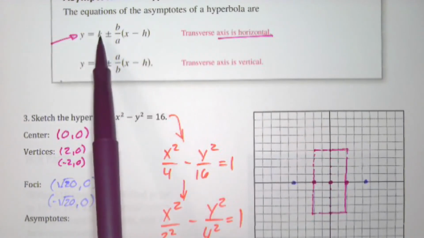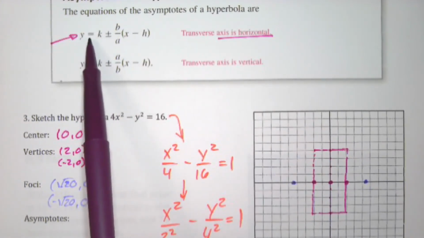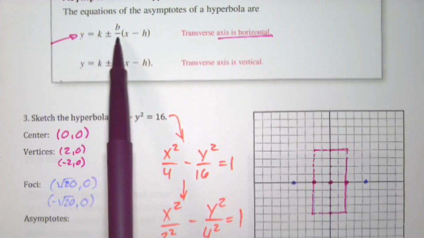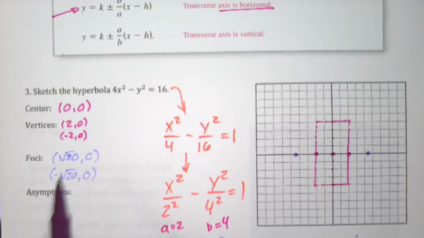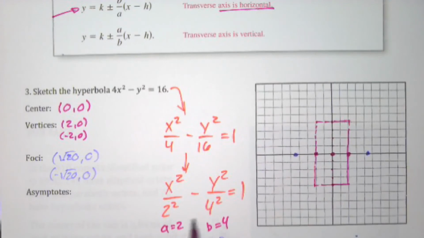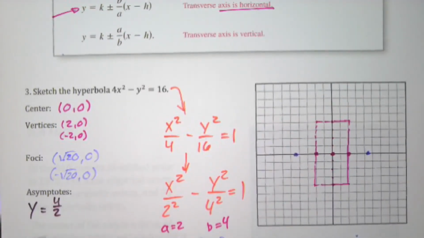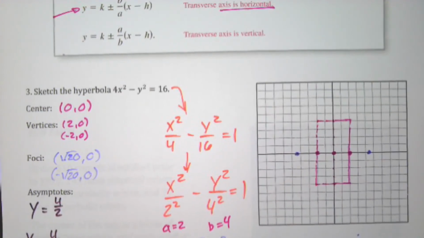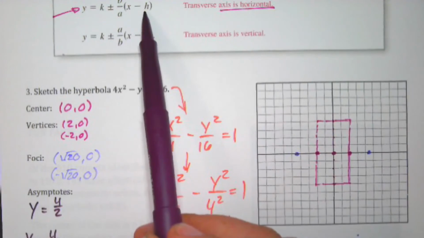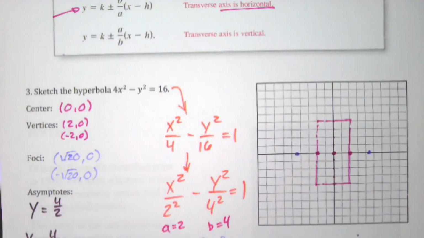So when I write this formula down, I'm going to have no k. So we're going to have plus and minus b over a. So for us, b is 4, a is 2. So y equals 4 over 2, y equals negative 4 over 2. I'll get both of those separately started. And then h is 0. So we're just multiplying that by x.